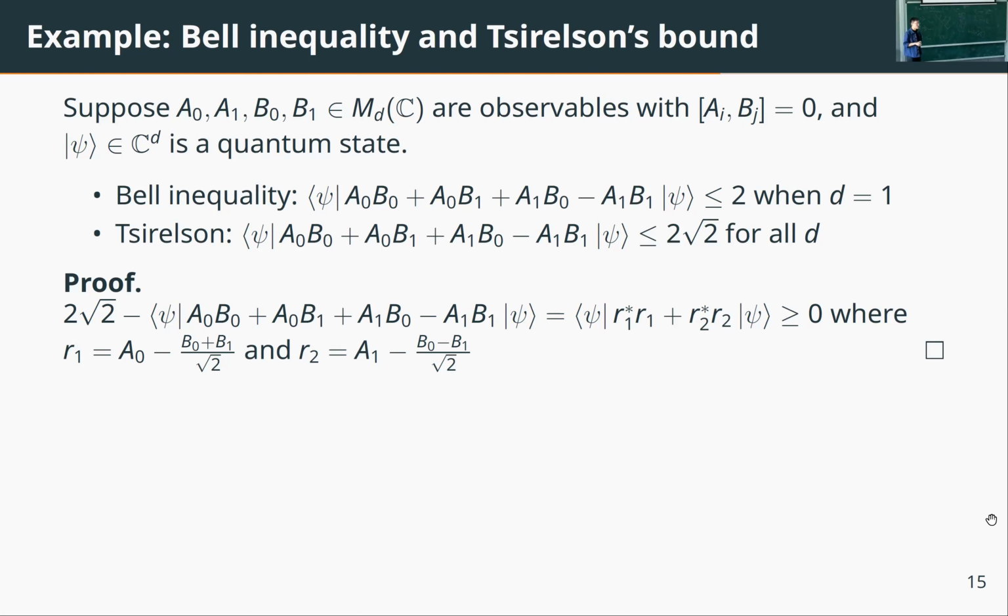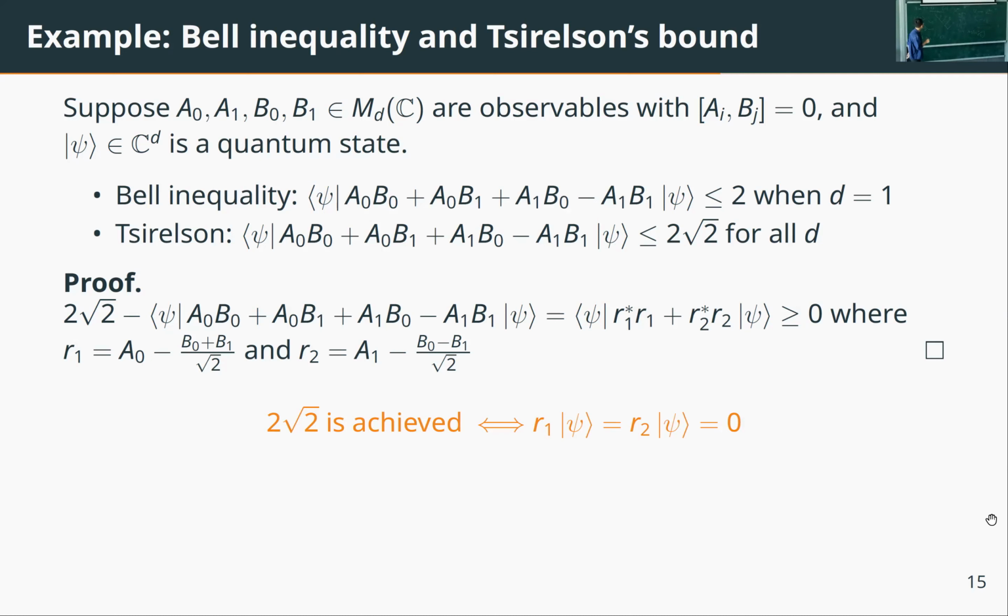Okay. And so sum of squares tells you what the upper bound or lower bound is. It also reveals more information about how those bounds can be achieved. For example, if some A0, B0, A1, B1 actually achieve this bound, meaning that this inequality is saturated, then each Hermitian term must be 0 on the state. So psi, R1 star R1, psi is 0, meaning that R1 applied on psi is a 0 vector.